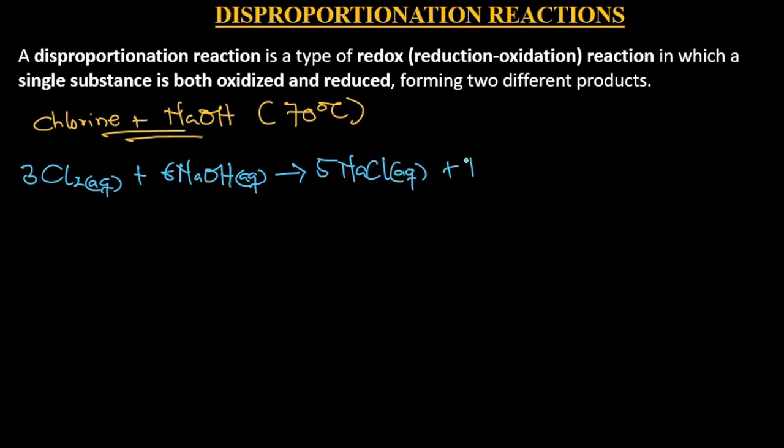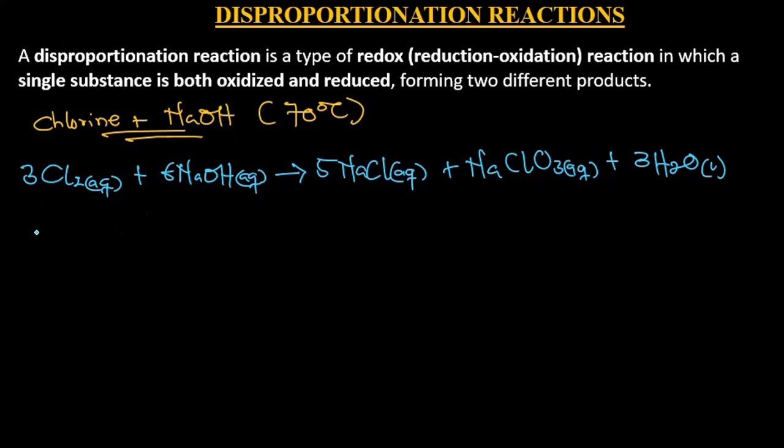Then we have sodium chlorate. Now, how do you show the ionic equation involved in this? Remember that the sodium is a spectator ion, so we are not going to include sodium.